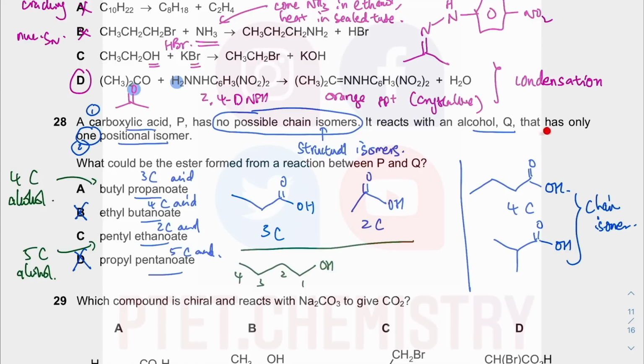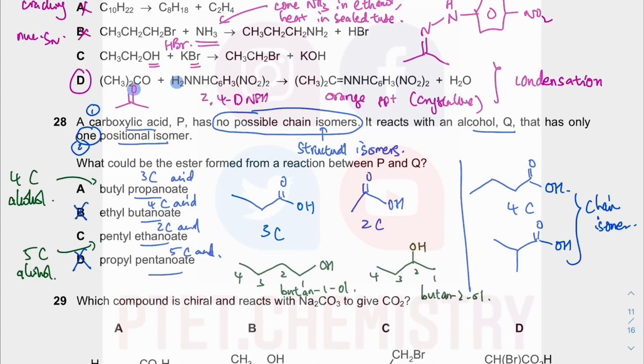So there is butan-1-ol. This is butan-2-ol. And you cannot have butan-3-ol because if you put the OH there, you want the lowest number, then you get back 1, 2, 3, 4, it will be the same.